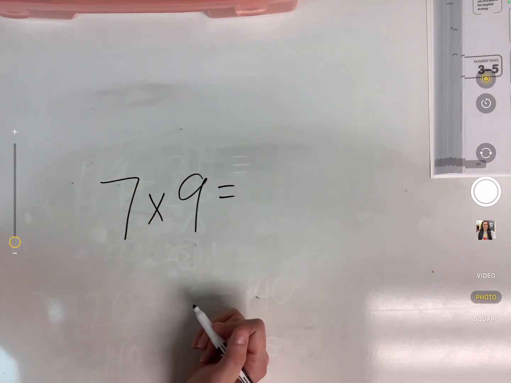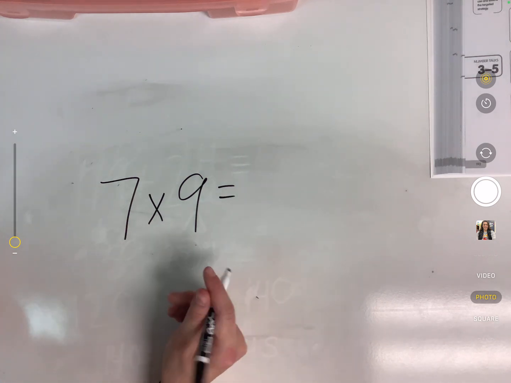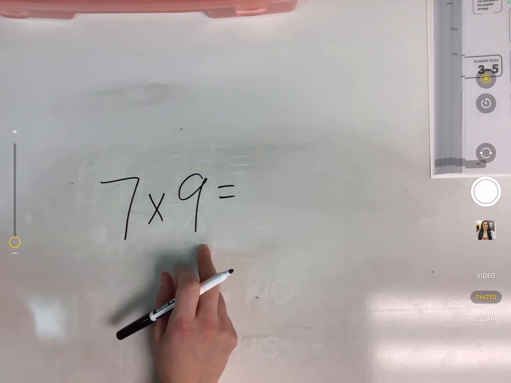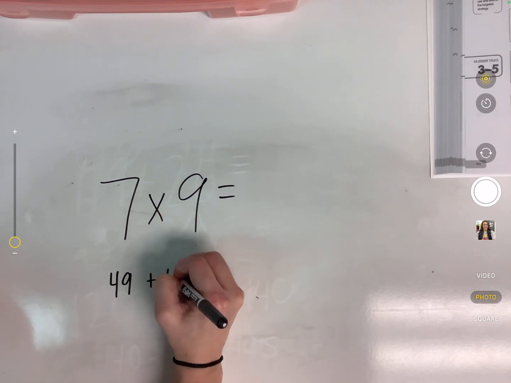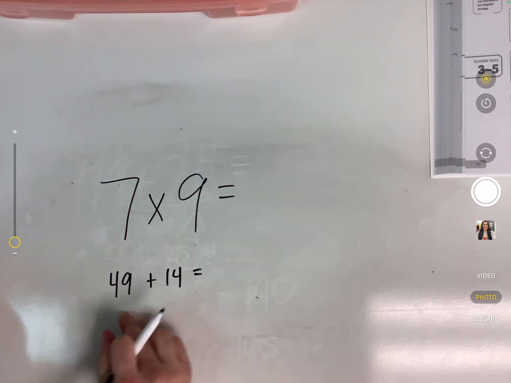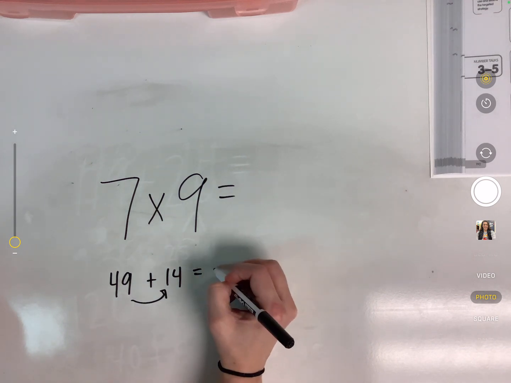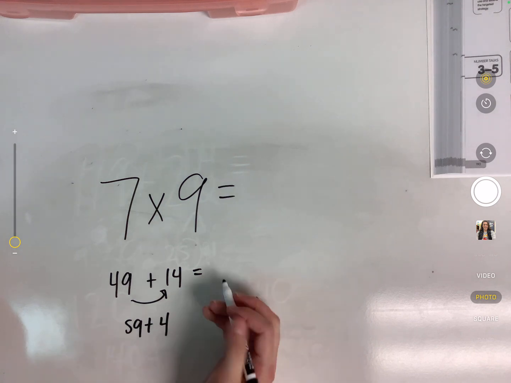So Miss V knows that 7 times 7 is 49, right? And I'm left with 2 7s, because I need to take 7 9 times. I know that 7 times 7 is 49, and then plus 2 more 7s is 14. So I could do 49, 59, because 49 plus 10 is 59. And then I could add 4, and then get 63.